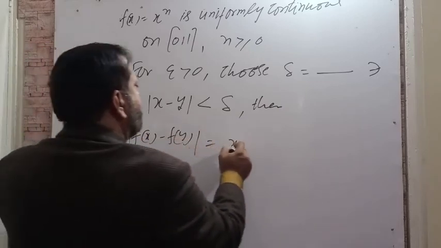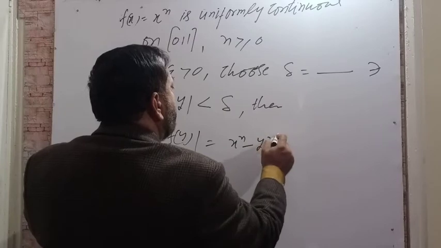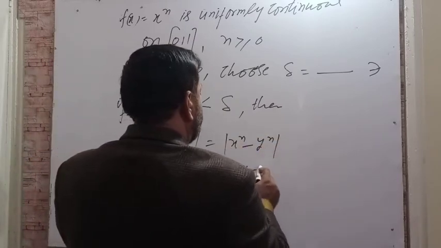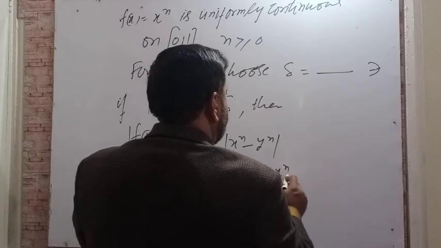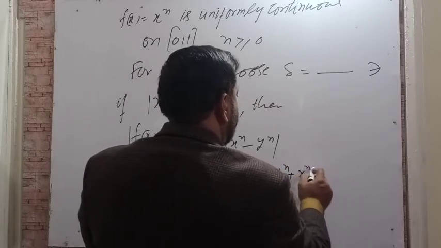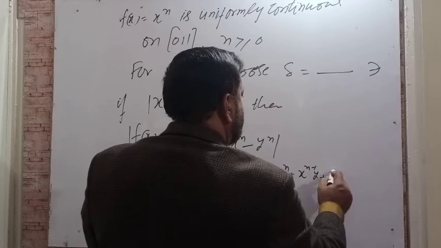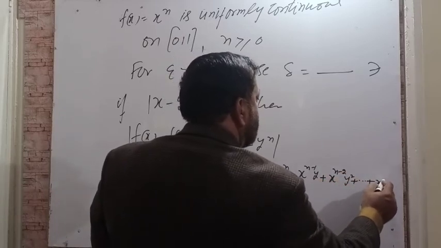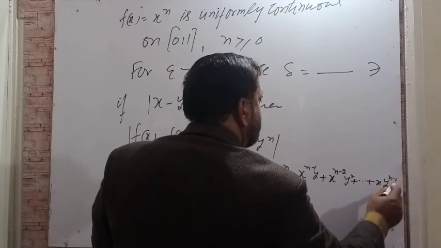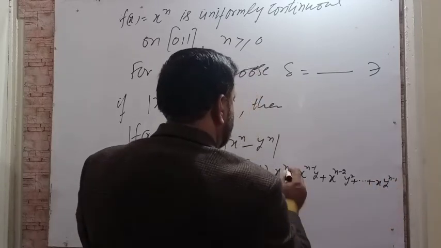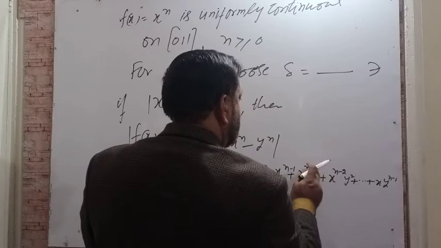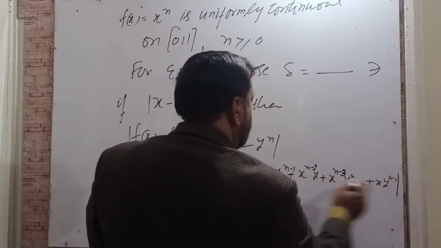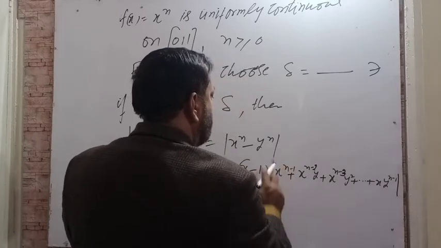This is equal to |x^n - y^n|, and you know that this is equal to |x - y| times (x^(n-1) + x^(n-2)y + x^(n-3)y² + and so on, plus y^(n-1)), right? The powers go n-1, n-2, n-3, and so on.